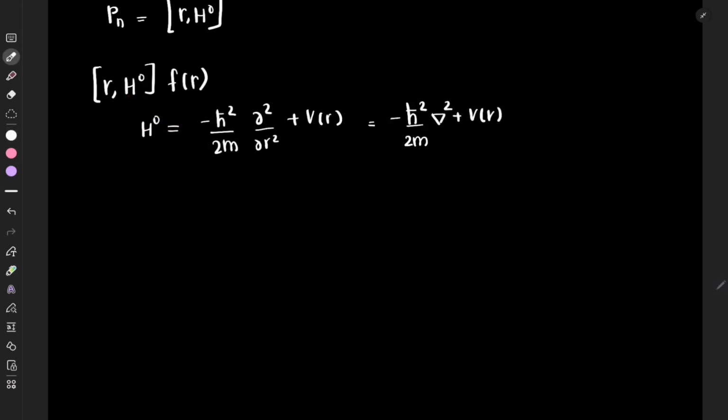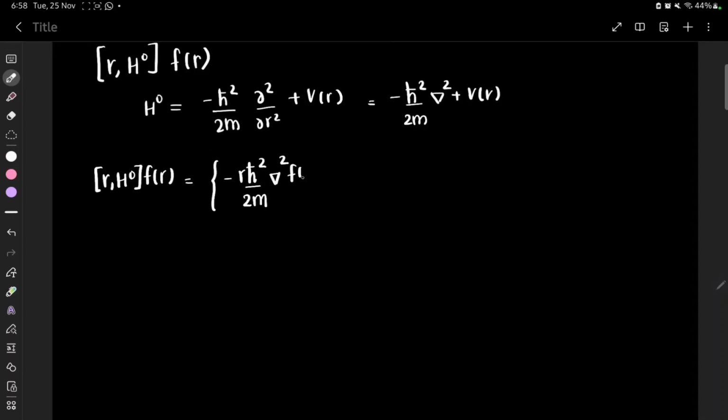You will get r times minus h cross square by 2m del square f of r, minus minus plus h cross square by 2m del square r f of r.